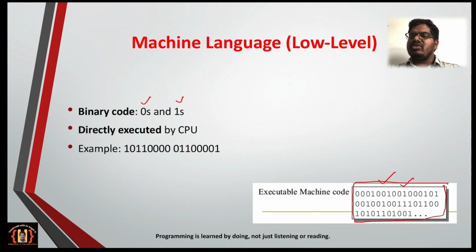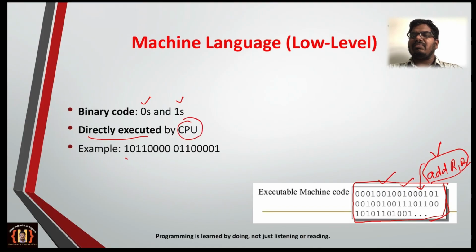For example, we have seen an instruction like add r1 comma r2. This instruction is finally converted into zeros and ones, and the computer understands these zeros and ones, and taking them it performs the operation. They are directly executed by the CPU.